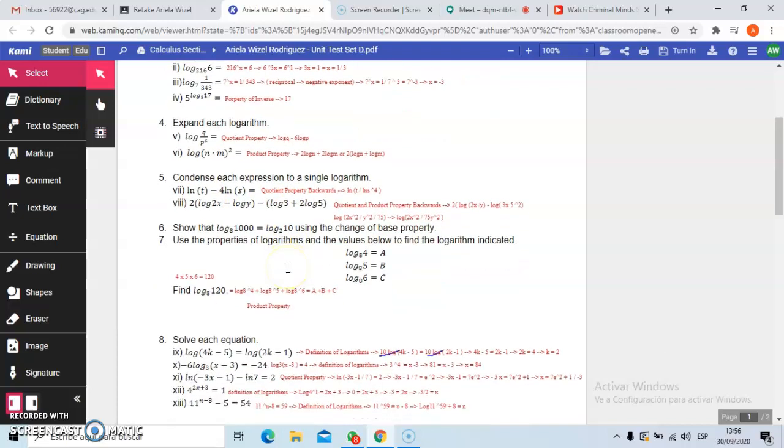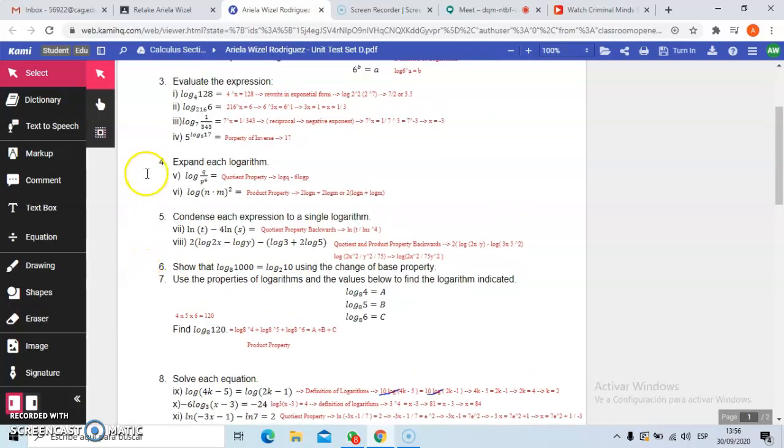For the third problem, I figured out that 4 to the power of something will never give me 128, so I had to rewrite it in exponential form. So I am left with 2 to the power of 2 is equal to 4, and 2 to the power of 7 is equal to 128.